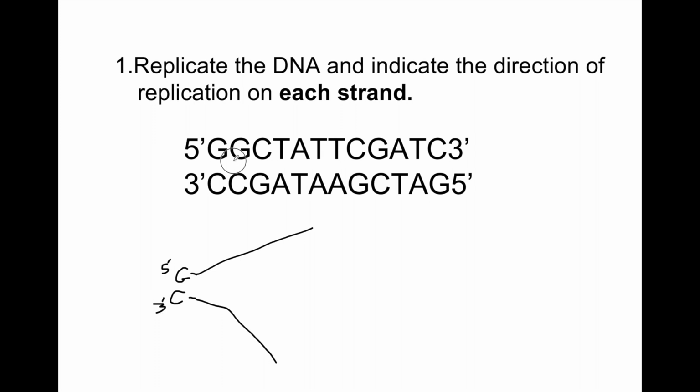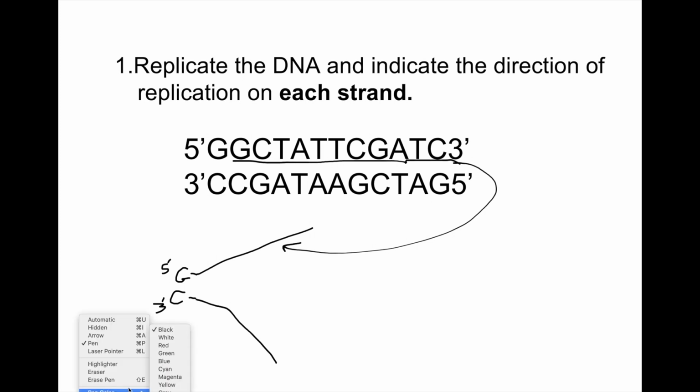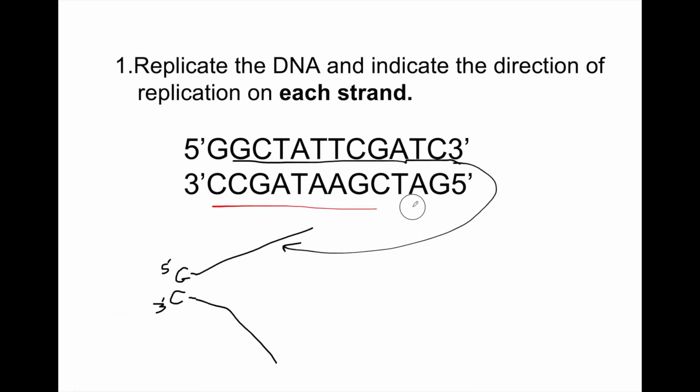And then write the rest of this sequence, the top one, write it on the top strand here, and the bottom one, write it on the bottom strand, and see if you can recreate a replication fork. Don't forget the Okazaki fragments, don't forget the RNA primers.